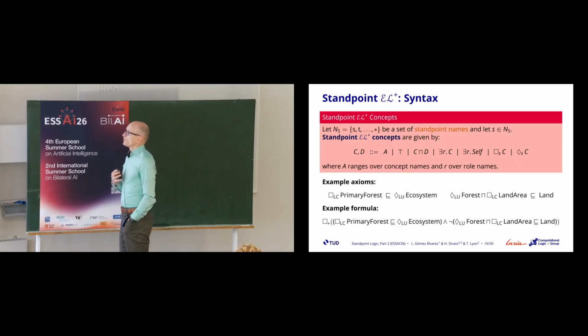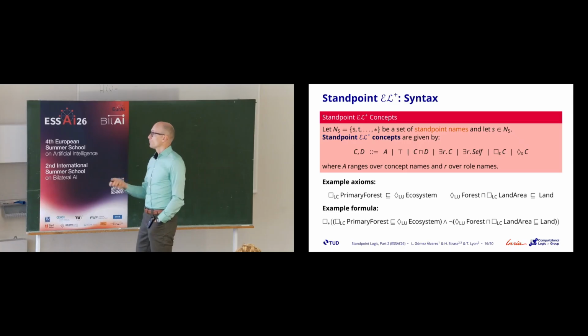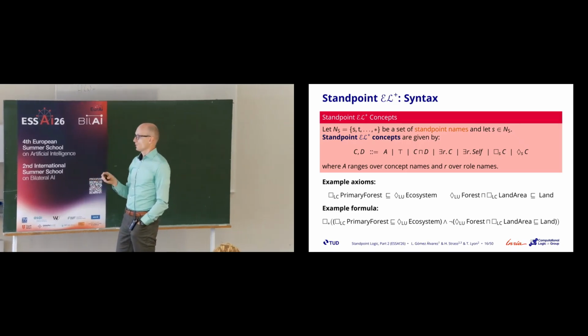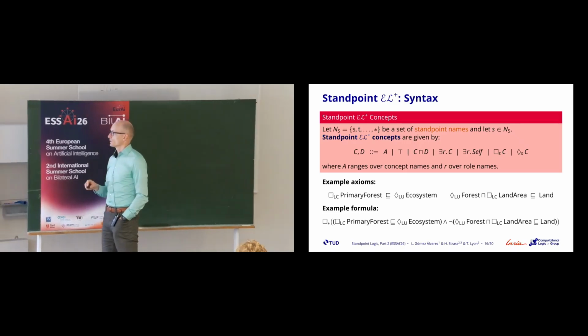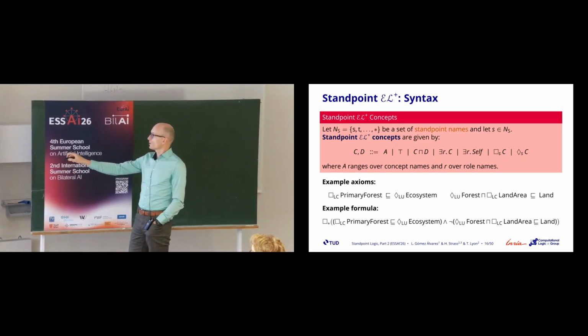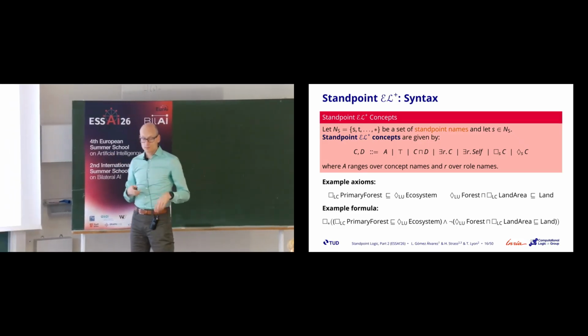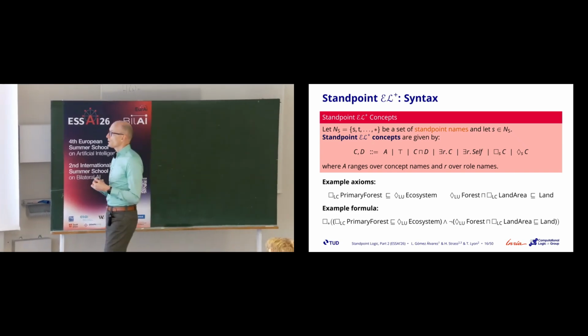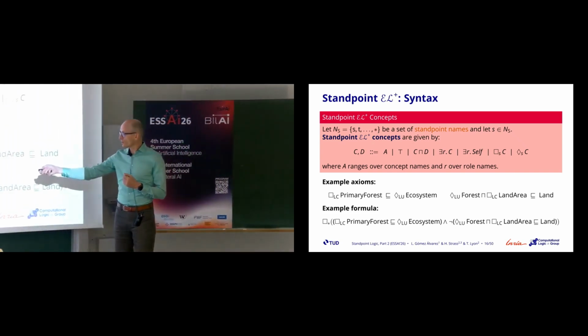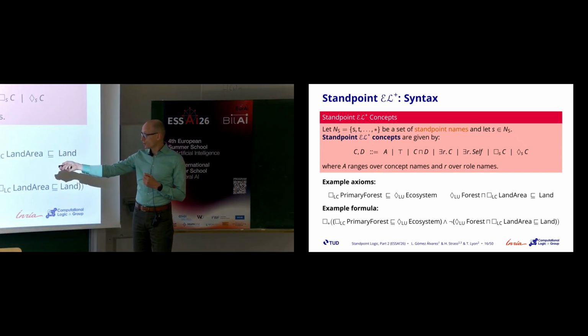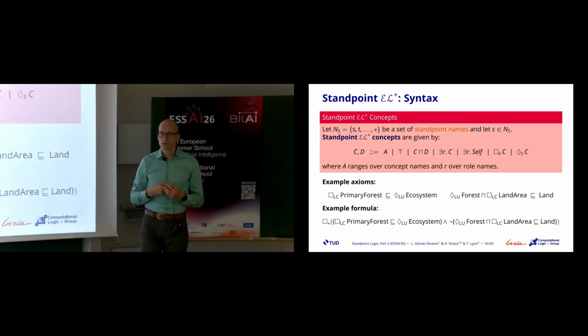So that's our language. And here you can see some examples in this language. Right? So here, for example, we can now express the bridge axiom that I mentioned earlier. So here I can say, what is unequivocally a primary forest according to the land cover perspective is conceivably an ecosystem according to the land use perspective.